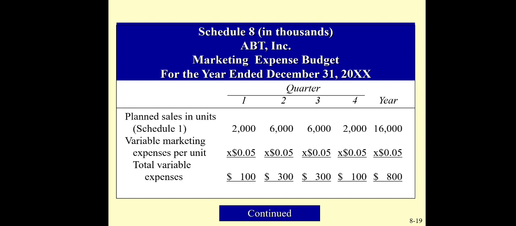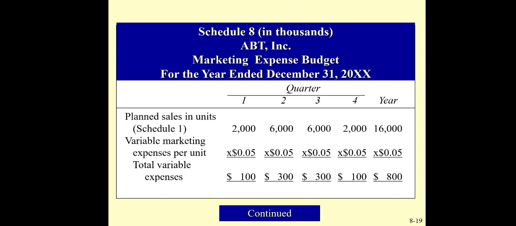So total sales during the year is 16,000. The unit used in this budget is thousands, so 16 million. Quarter 1 2 million, quarter 2 6 million, quarter 3 6 million, quarter 4 2 million. Total sales for the year is 16 million units.